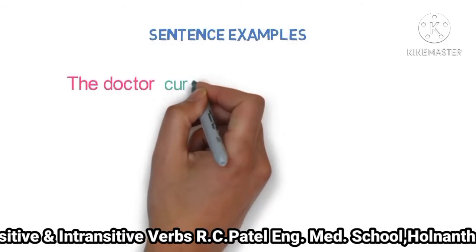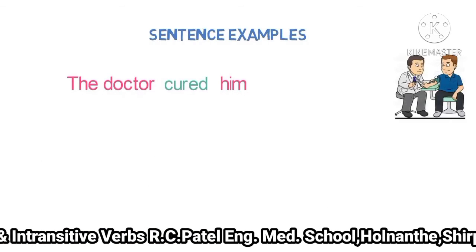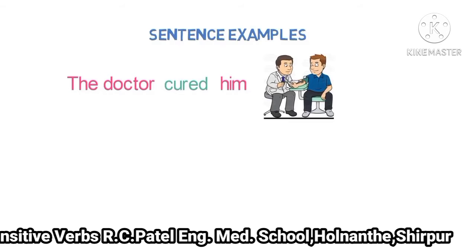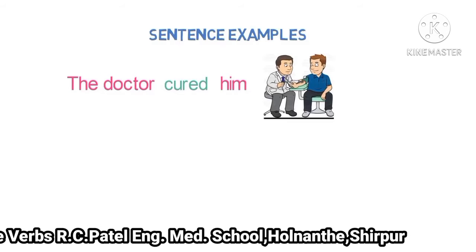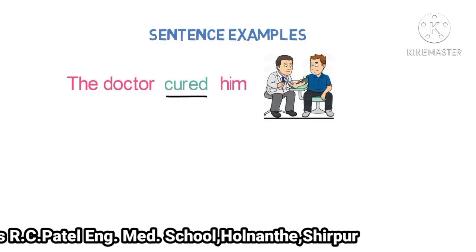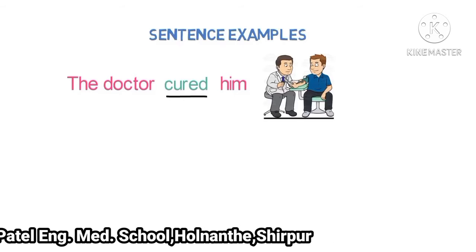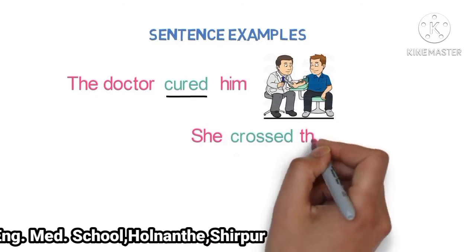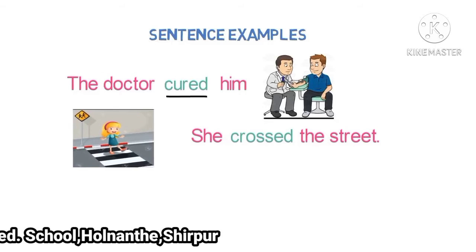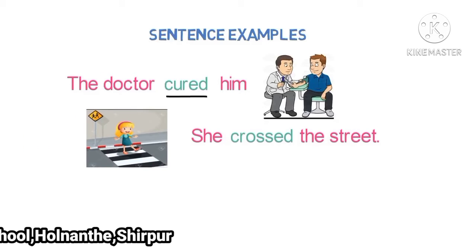Now some more examples. The doctor cured him. Here see, cured is a transitive verb. Another example, she crossed the street.